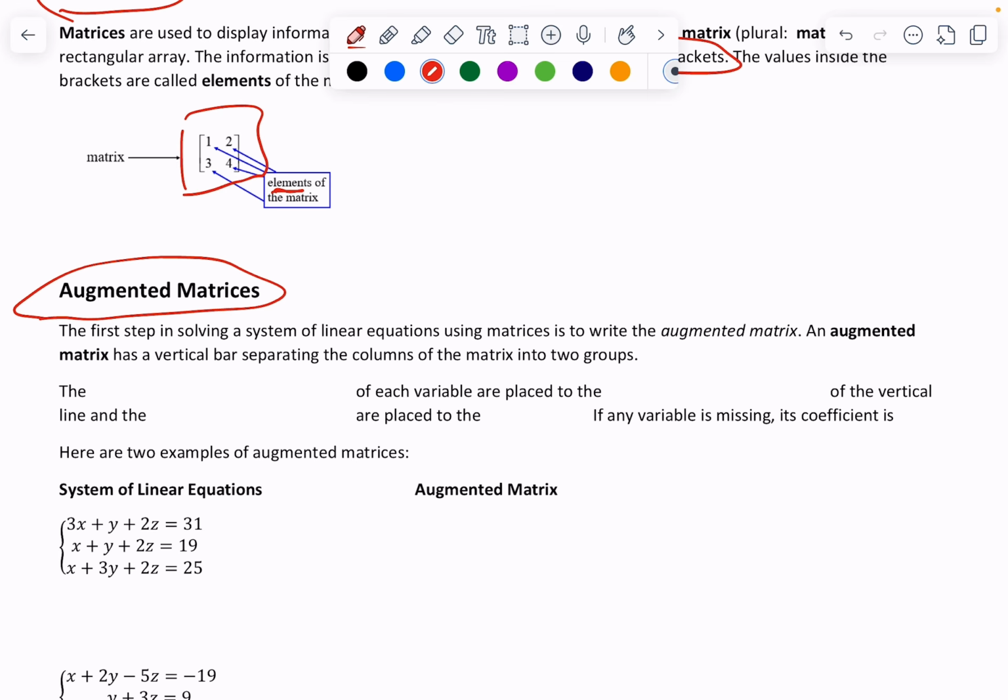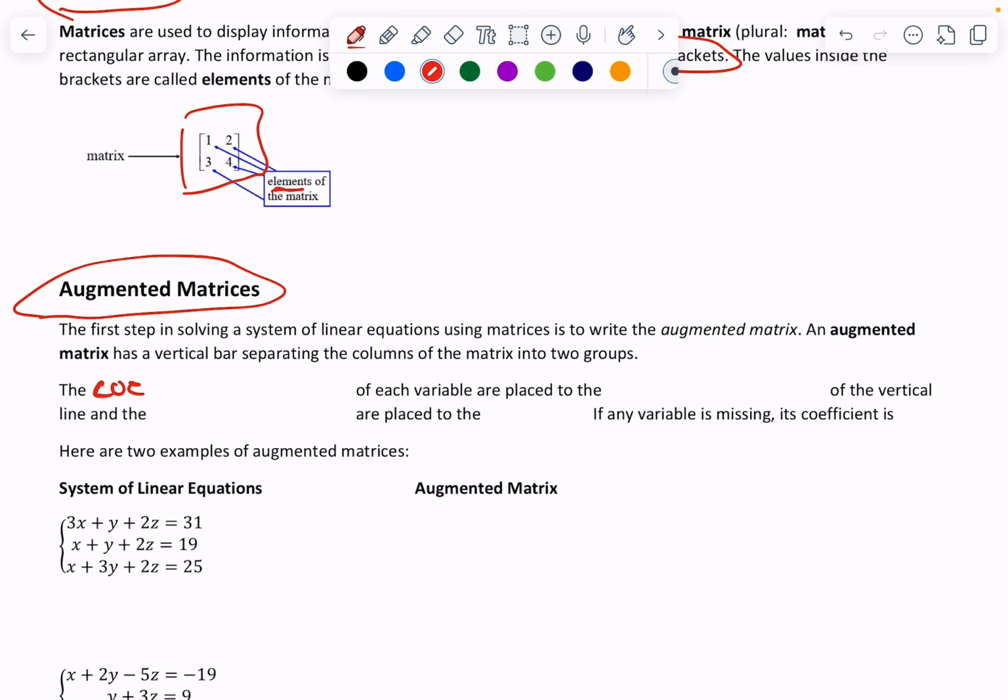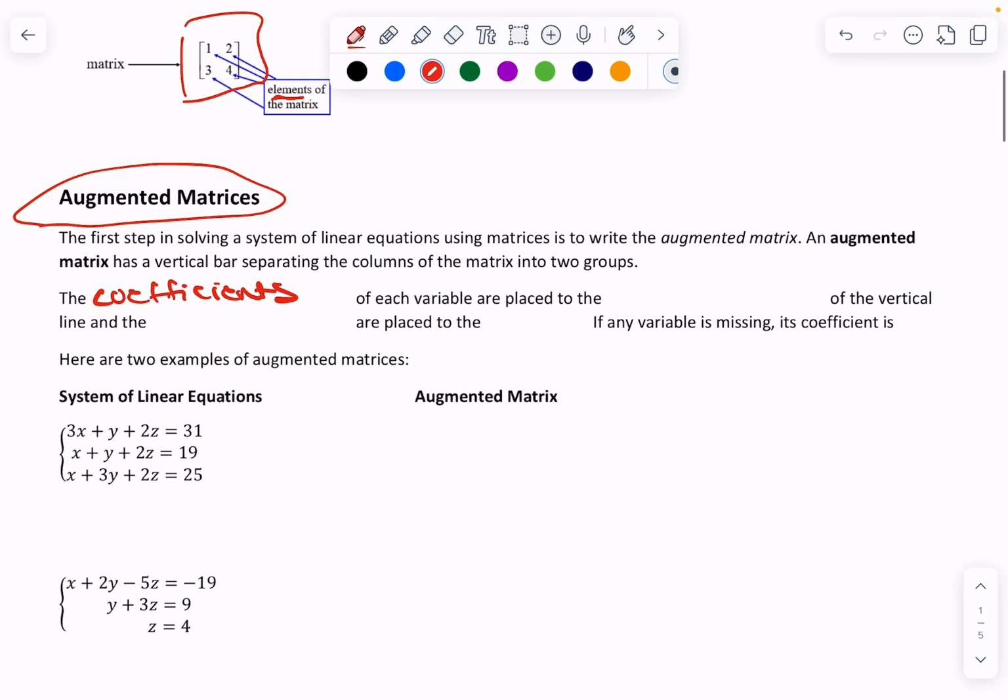The coefficients of each variable are placed to the left of the vertical line, and the constants are placed to the right. If any variable is missing, its coefficient is 0.